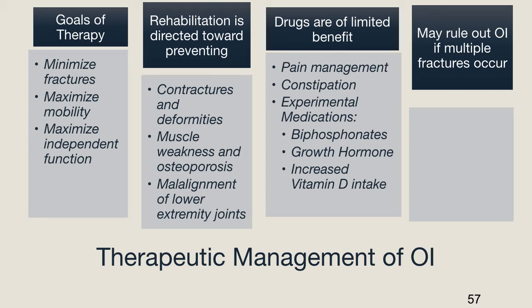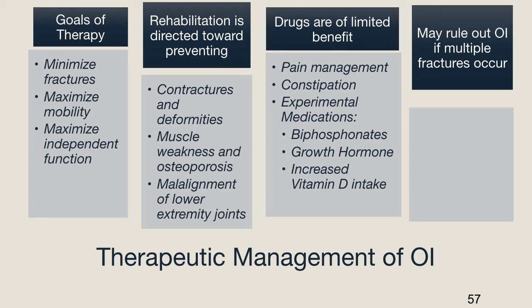Also, they try to limit the amount of malalignment in the lower extremity joints so that as much as possible they're able to ambulate. Drugs are of limited benefit, but pain management is very important for these kids because they constantly have broken bones.